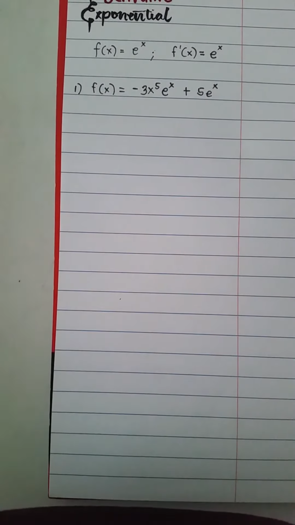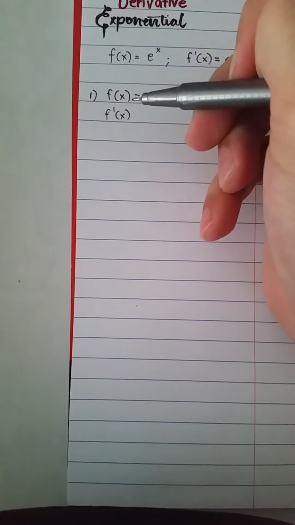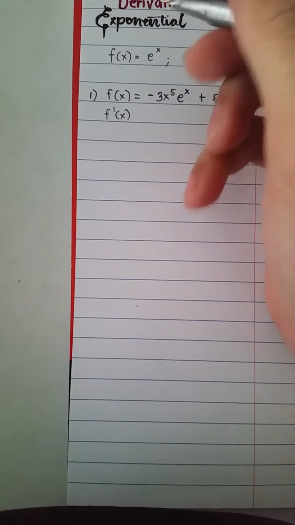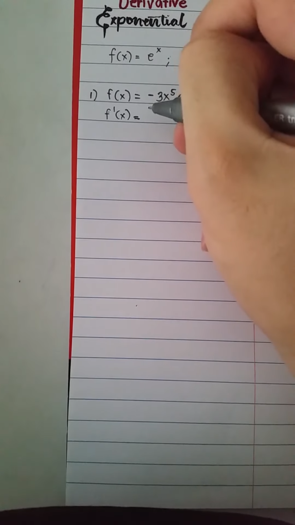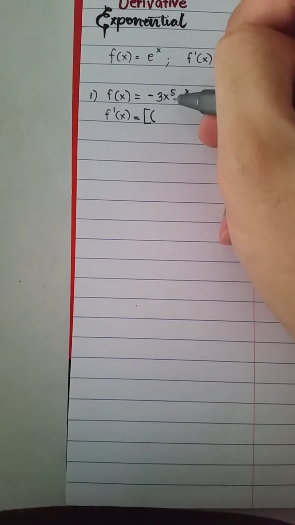So this is f prime of x. Of course, you can use other derivative notations like dy over dx and the rest of the notations. So equals, parenthesis, we will apply the product rule.